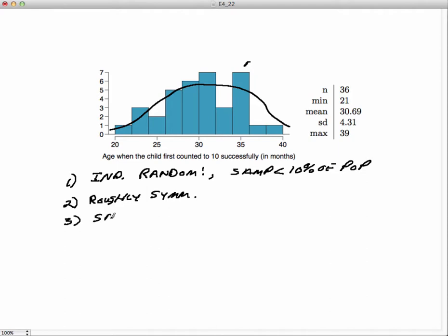And our third one is the sample size. So even if the distribution was looking less than normal or less than symmetric, our sample size here is nice because it's greater than 30. And we know based upon the central limit theorem that for sample sizes greater than 30, the sampling distribution of the mean is going to be approximately normally shaped. It's going to be pretty much bell-shaped. And then also, if we take a look at the max versus the min and the numbers in here, we don't see any extreme outliers.